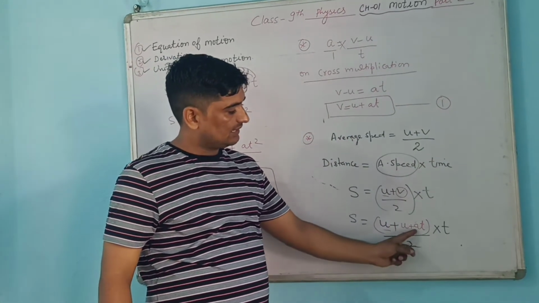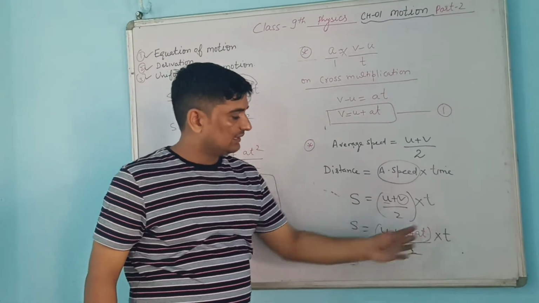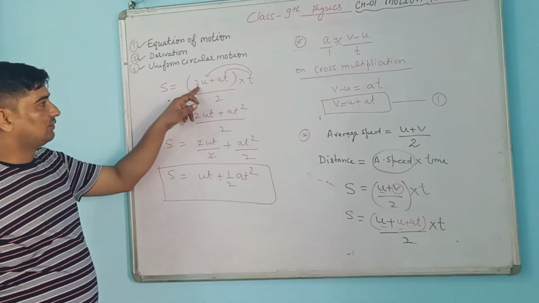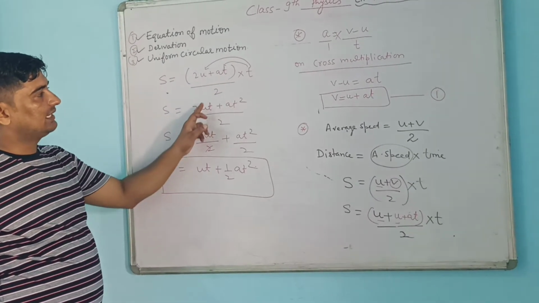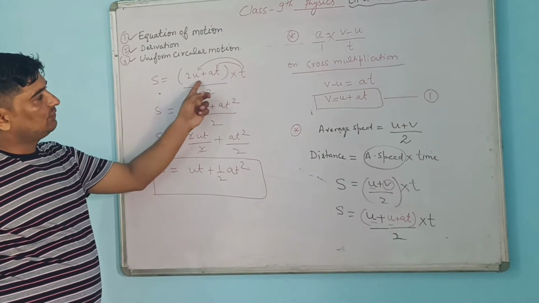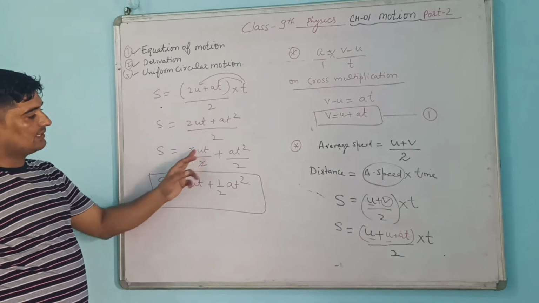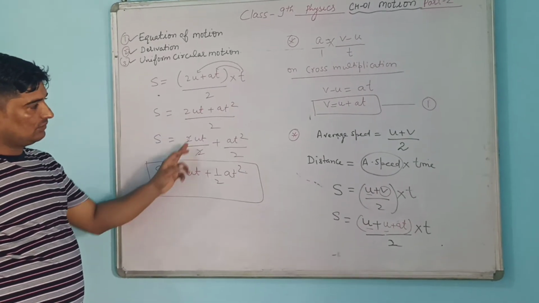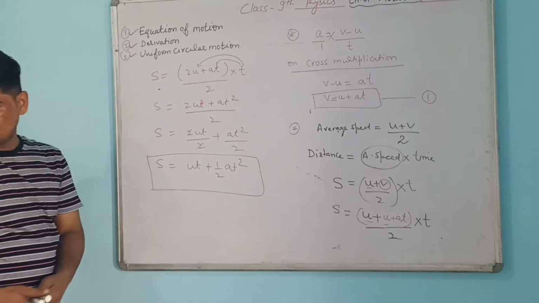If you add, you will find 2u plus at, into t, divided by 2. So 2u multiplied by t, at multiplied by t, gives 2ut plus at square by 2. So 2ut divided by 2 is ut, and at square divided by 2. So you can write s = ut + half at square.